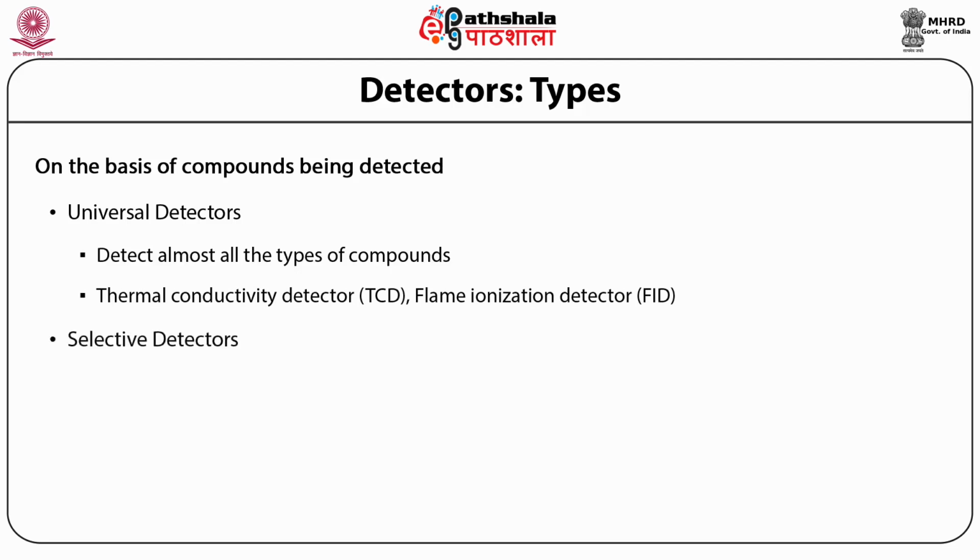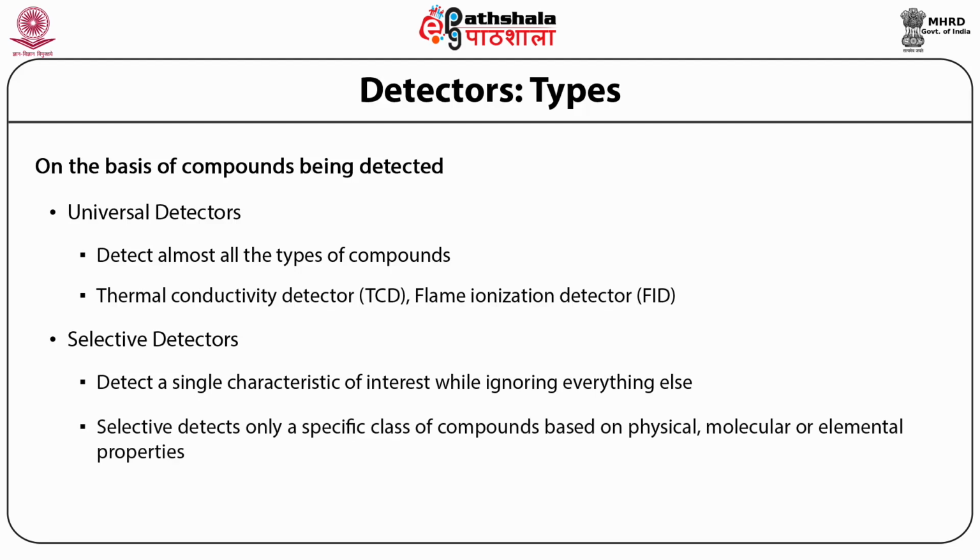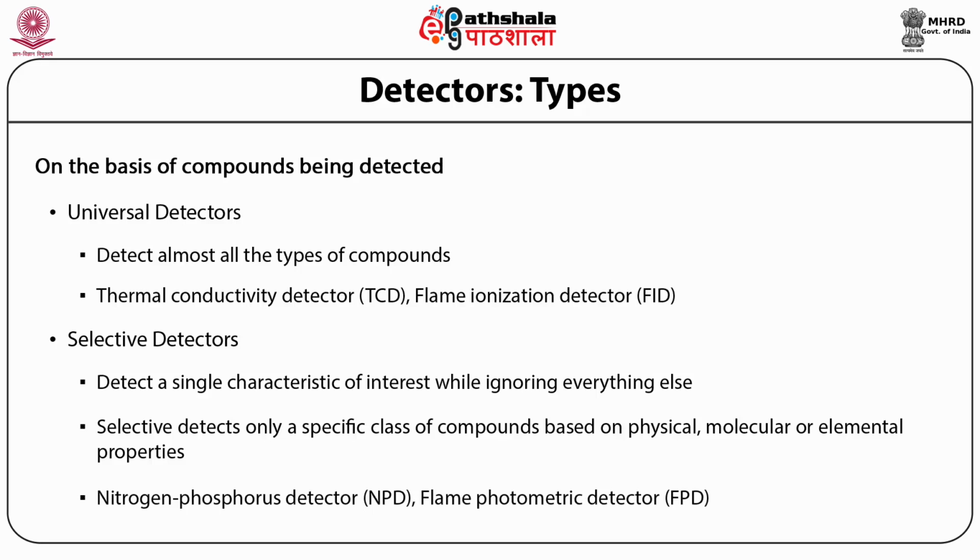While selective detectors are able to detect a single characteristic of interest while ignoring everything else. Selective detectors detect only a specific class of compounds based on physical, molecular, or elemental properties. Examples are nitrogen phosphorus detector and flame photometric detector.